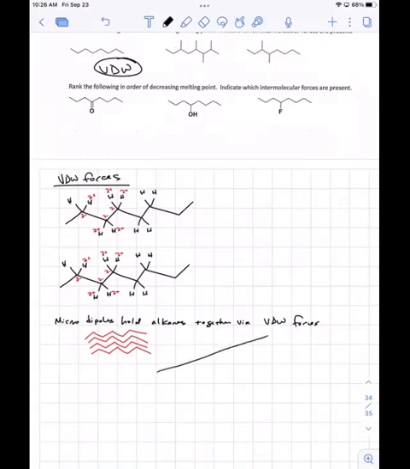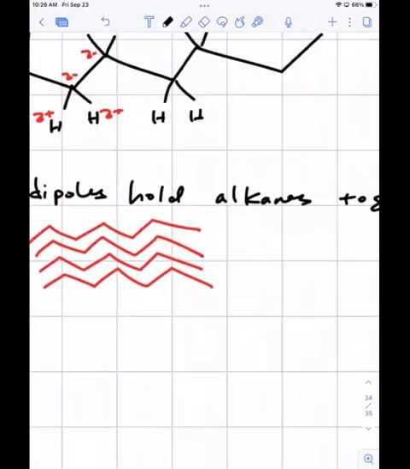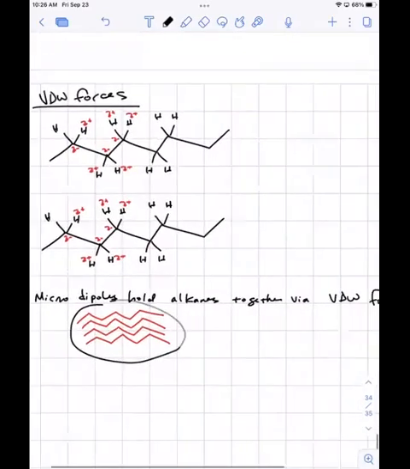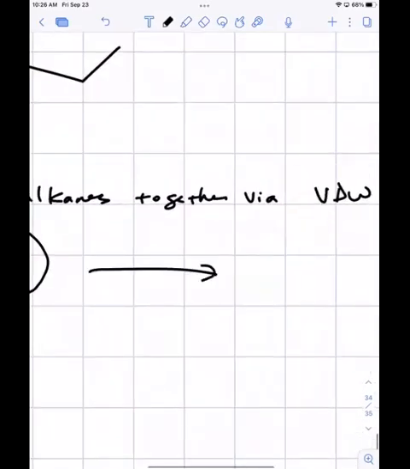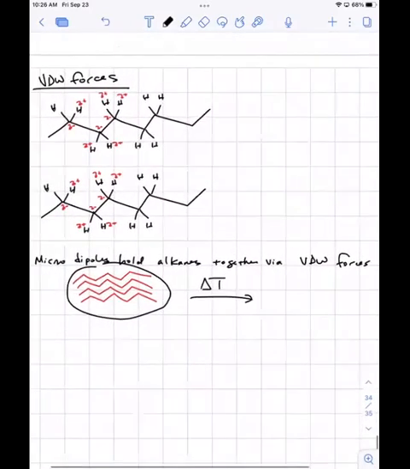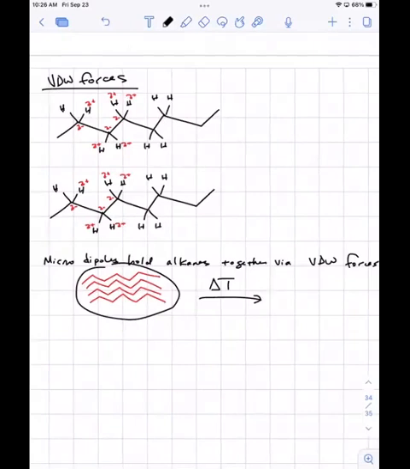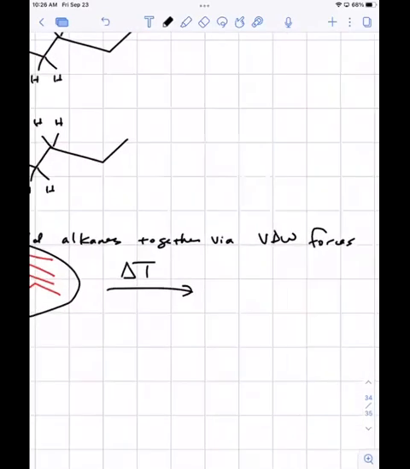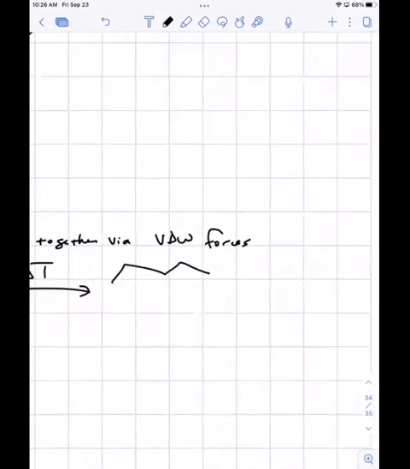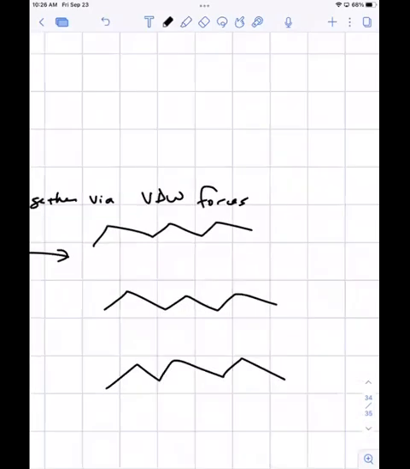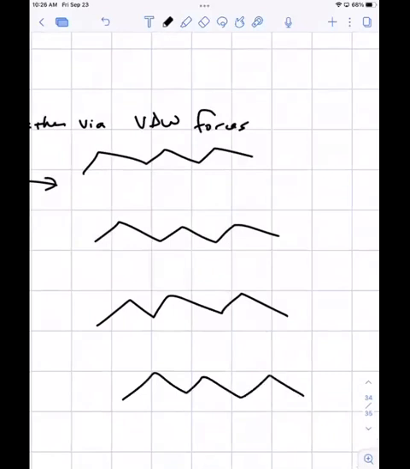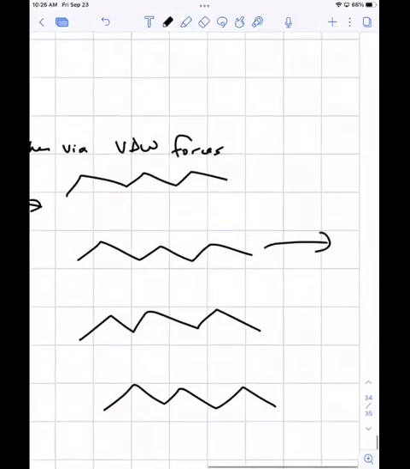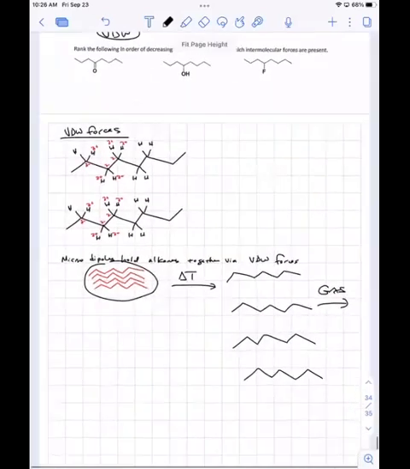If you have a stack of alkanes like this, in order to get them to boil, you got to break them up. Before they go from liquid to gas, the molecules themselves have to be broken apart. Right, you got to put some space between them so that they can become a gas.